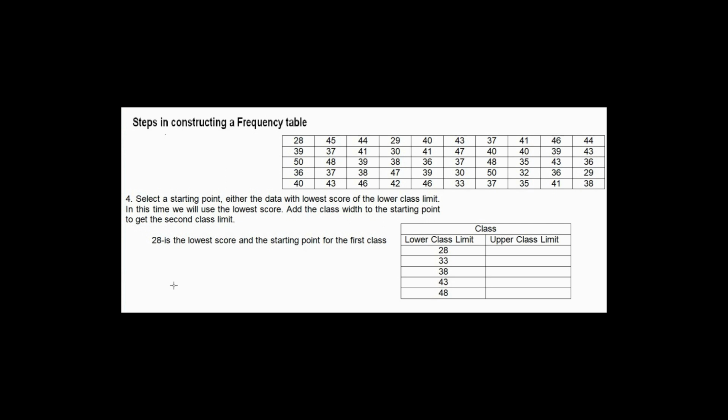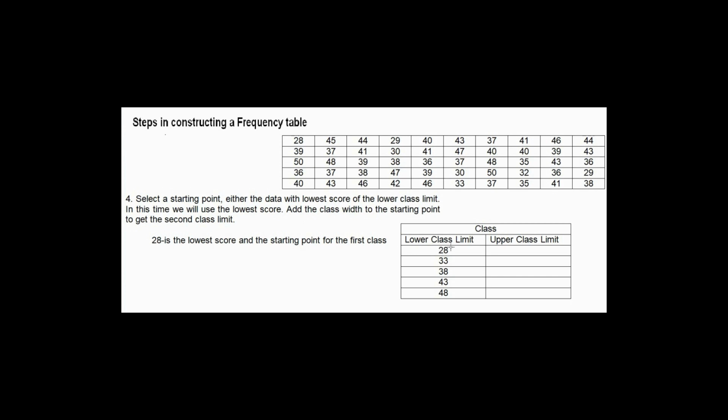When constructing a class, we have what we call the lower class limit and the upper class limit. On step 4, we've decided that 28 will be our starting point for the lower class, or the first class limit.